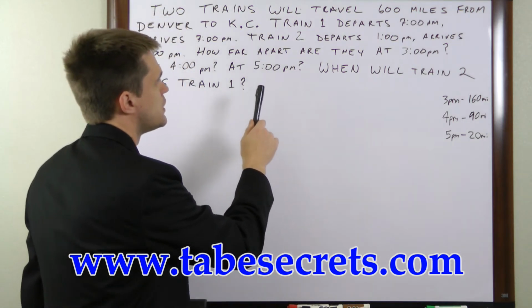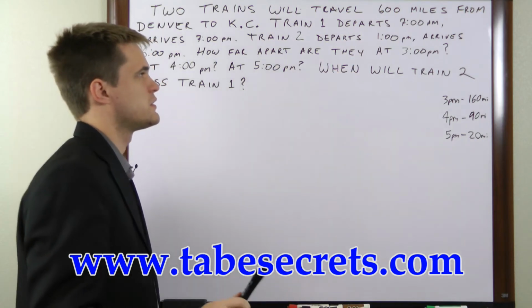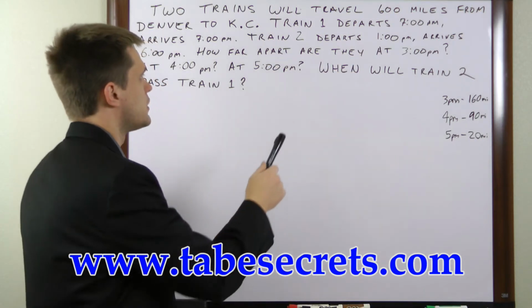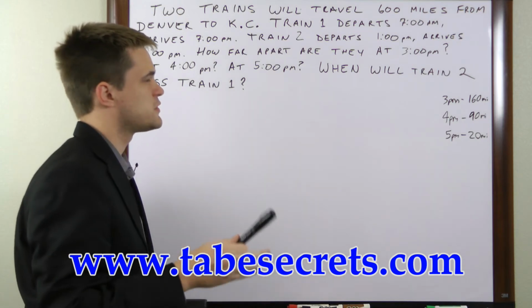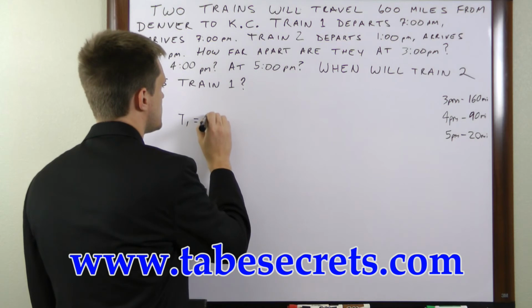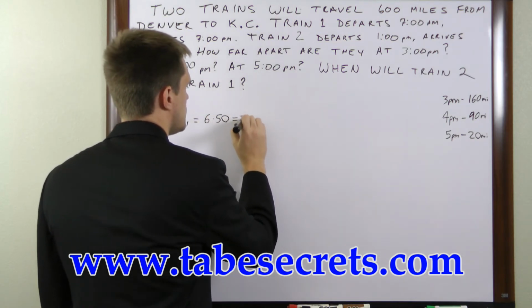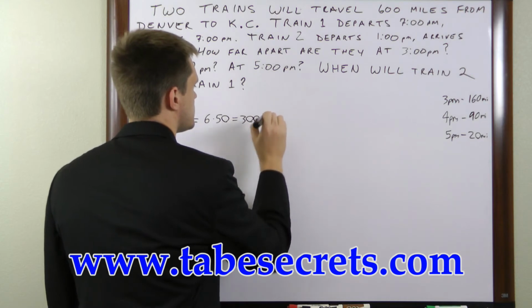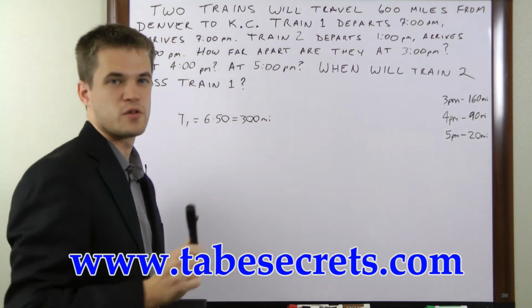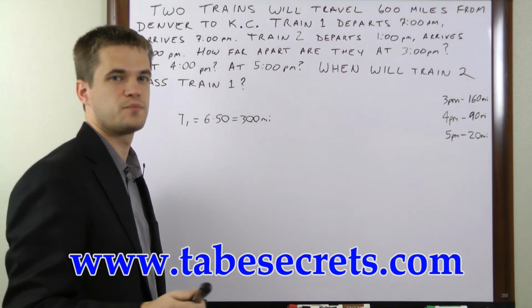Train 1 leaves 6 hours before train 2. So in the time from 7 a.m. to 1 p.m., train 1 travels 6 times 50, or 300 miles. So train 1 is 300 miles ahead of train 2 when train 2 starts.